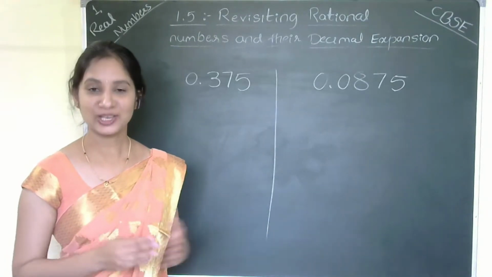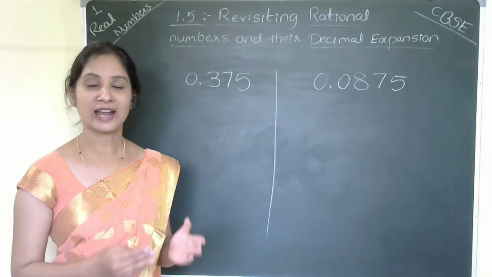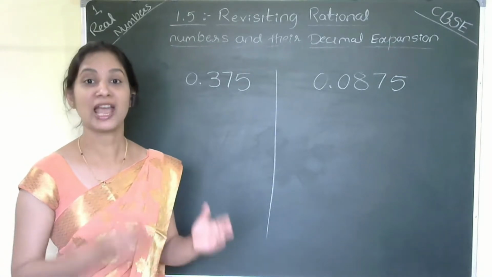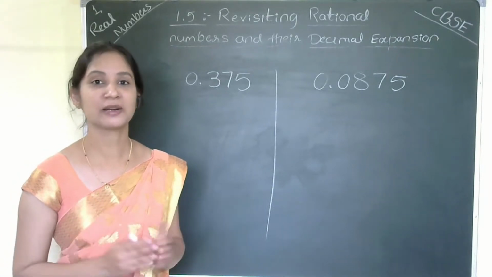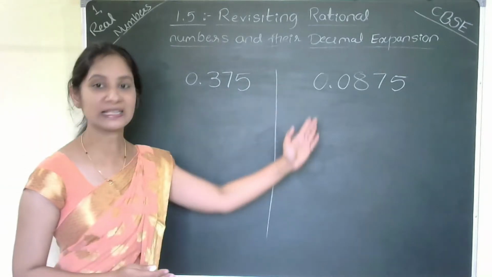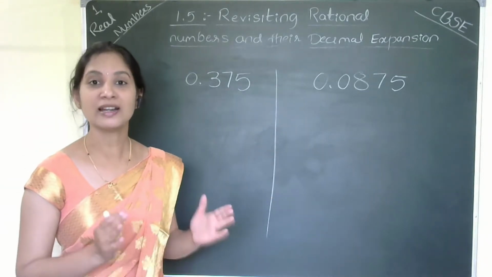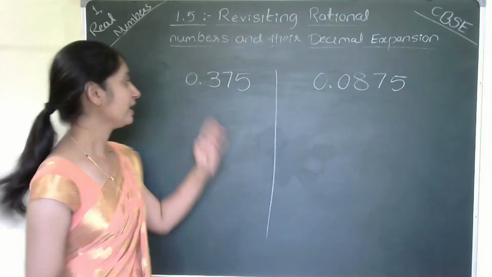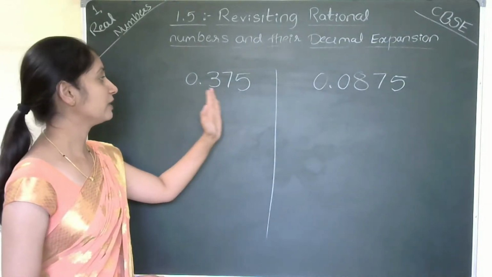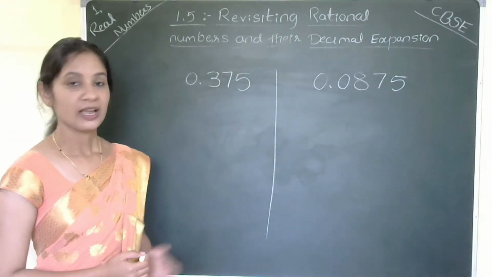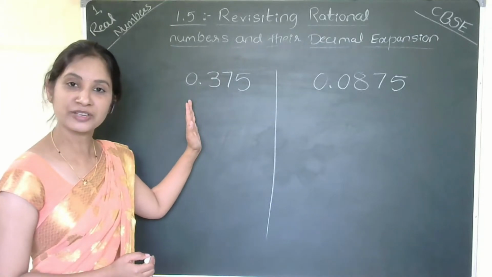Before going to our actual theorem, we need to understand a small concept which helps us understand the theorem better. So here are two examples. First I am taking 0.375. Can I express this in fraction form?